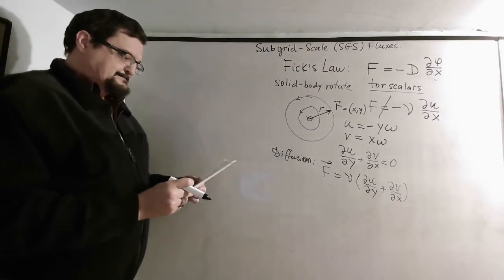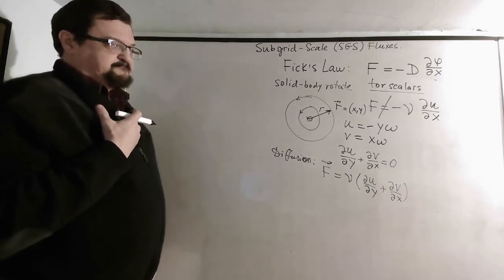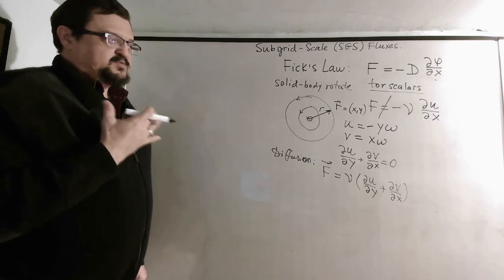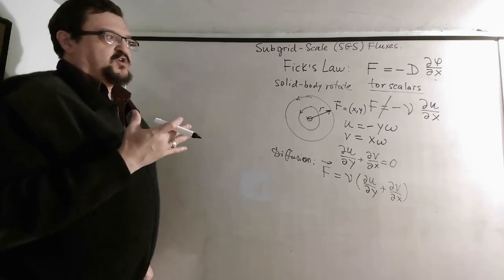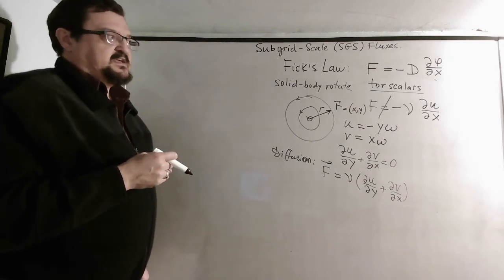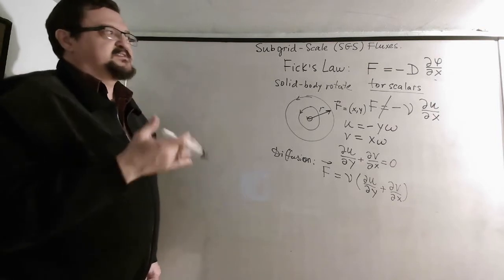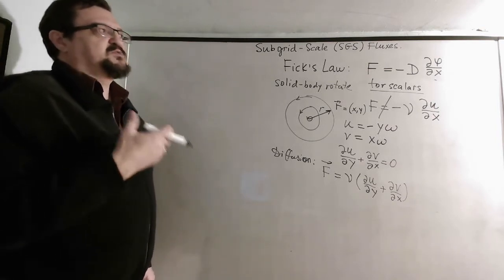So see, this is why diffusion of momentum is different, and should be treated differently than diffusion of any passive scalar, or active scalar, say temperature, water vapor, and so on.